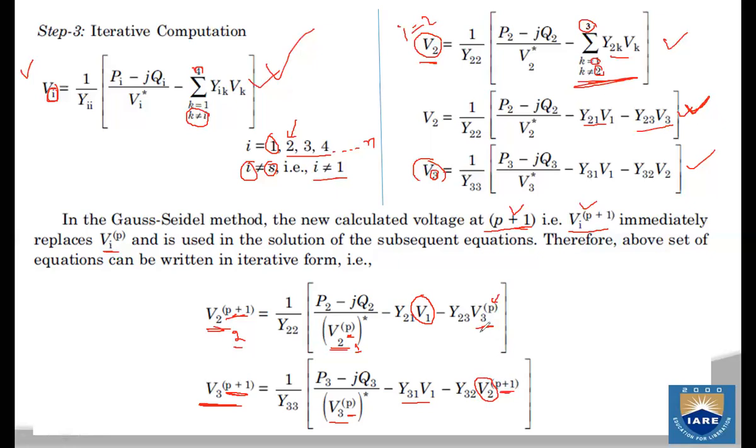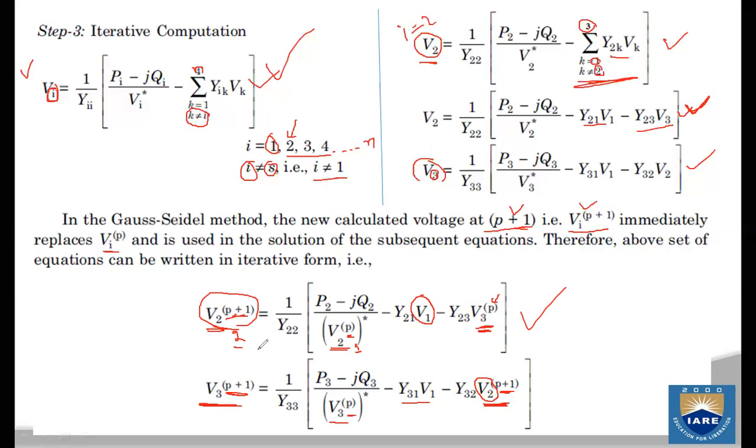Here, if you observe, while calculating V2 in the (p+1)th iteration, you take V3 in the pth iteration. But in this equation, after calculating the V2 value, V2 is updated in the second iteration as V2 (p+1). So the V2 value you have to use here is the most recently updated value.